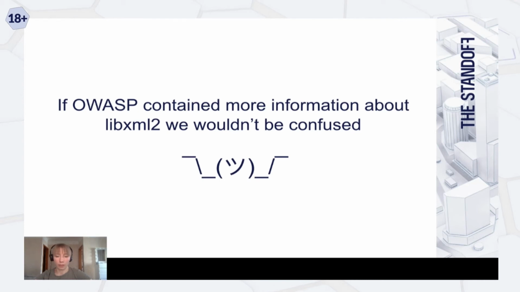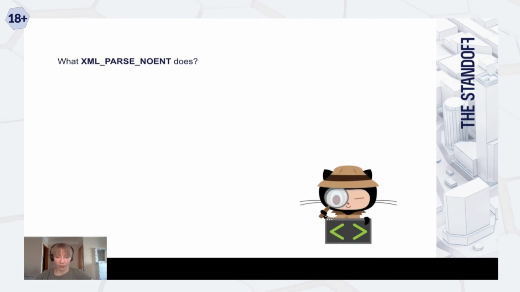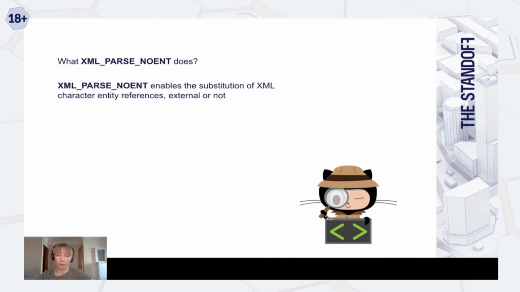And moreover, if we take a look at the libxml2 documentation, there's no warning, no footnote, warning us that if you are using this option, please be careful. What this function does is it enables entity substitution. It uses the entities in your file and external entities.